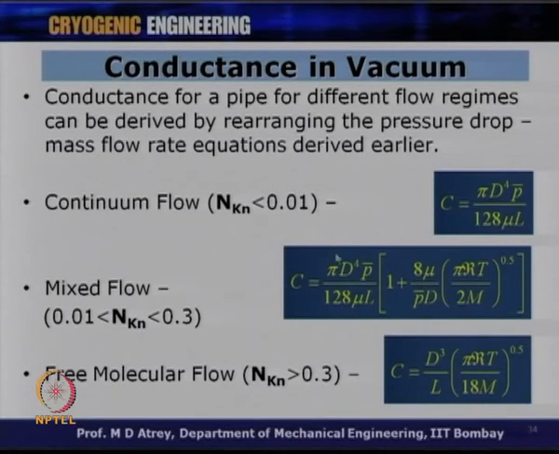All these equations help us to calculate conductance of pipe, which ultimately would help us to calculate what will be the pressure drop that will happen if I have this vacuum pump over there, or how much time it will take for me to reach down to the lower and lower vacuum levels for a given pump when I connect the vacuum pump to a given space through such pipes. Alright, so, it is very important to understand what is this conductance and how it is related to the operating parameters and the dimensions of the pipe.